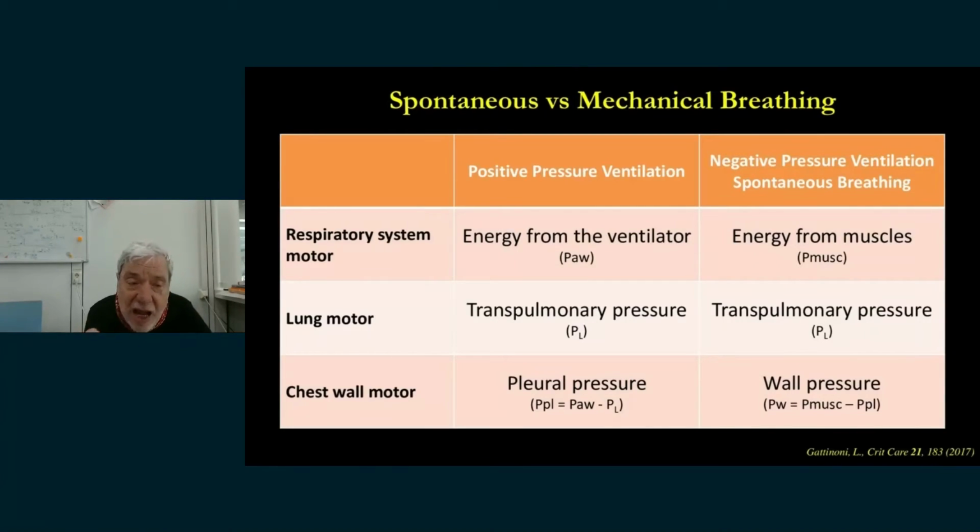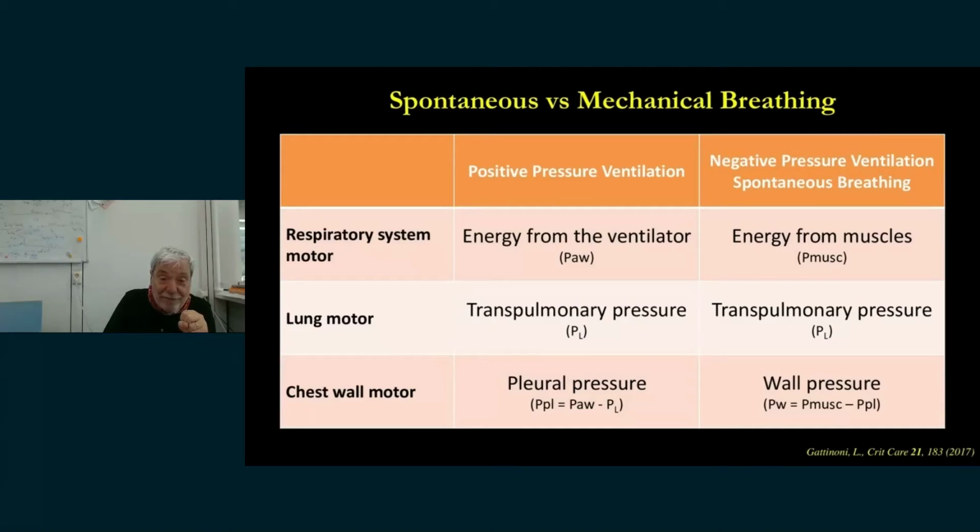What moves the lung? In positive pressure, it is the transpulmonary pressure, the difference between airway and pleural pressure. Let's say 20 on the airway and 10 in the pleural pressure, the transpulmonary pressure is 10. In spontaneous breathing, usually my airway pressure is 0. So what moves the lung is still the transpulmonary pressure, but because I make the pleural pressure more and more negative.